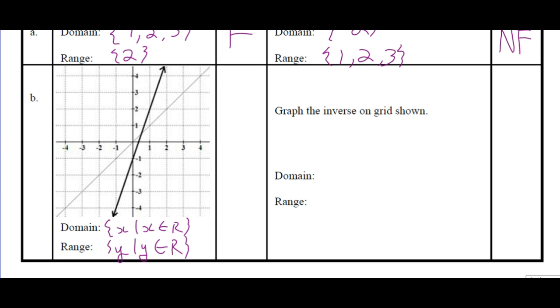I've got this one, that's invariant. This is (0, -1), which becomes (-1, 0). This is (1, 2), so that becomes (2, 1). This is (-1, -4), which becomes (-4, -1).